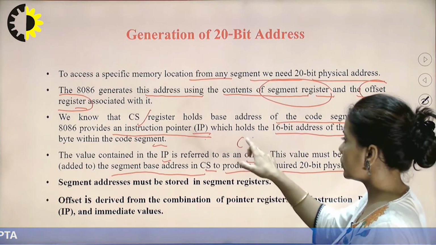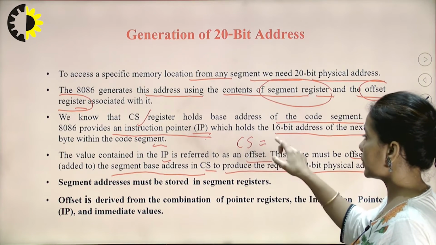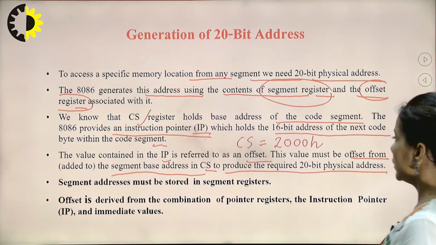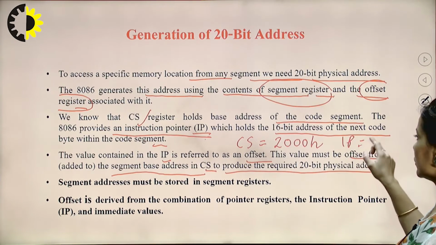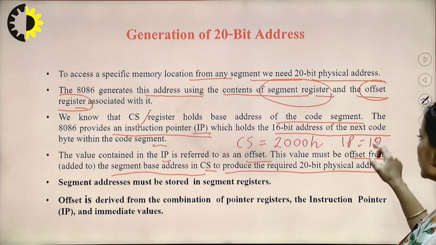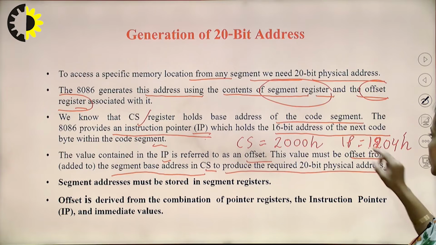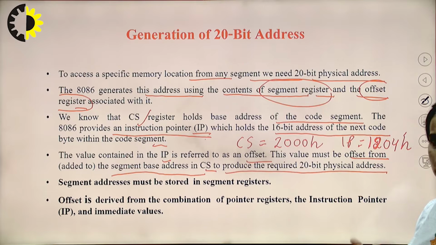Suppose the code segment register is having 2000H and the instruction pointer is having 1204H. So, this is the condition. Now, how will you generate the 20 bit physical address using these two data?